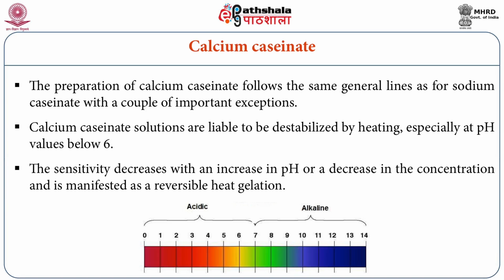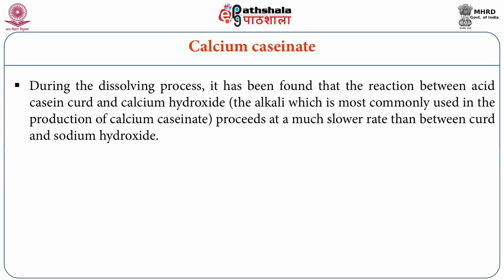The sensitivity decreases with an increase in pH or a decrease in the concentration, and it is manifested as a reversible heat gelation. During the dissolving process, it has been found that the reaction between acid casein curd and calcium hydroxide proceeds at a much slower rate than between curd and sodium hydroxide.